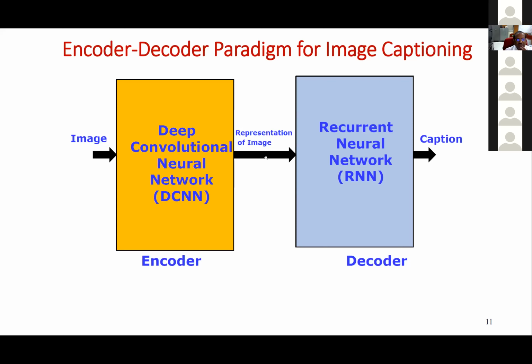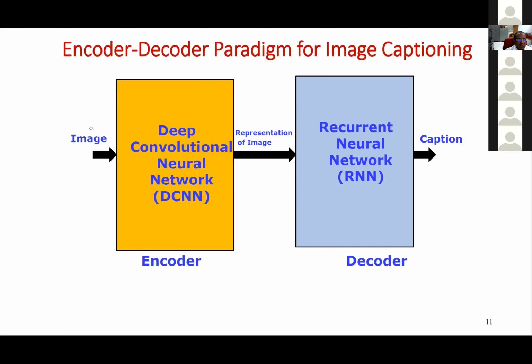And that feature vector will go as input to what is called a decoder, which is capable of generating a sentence as the output of the model. And typically one uses a recurrent neural network, which can generate a sentence as the output, and that sentence will be the caption. So basically these two modules are put together to build an image caption system.